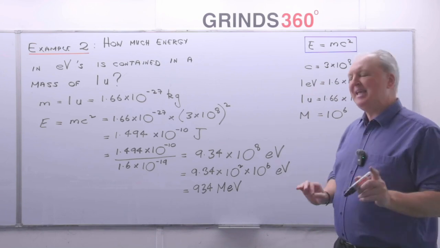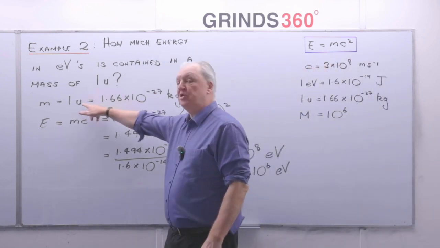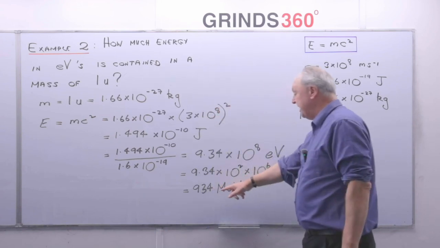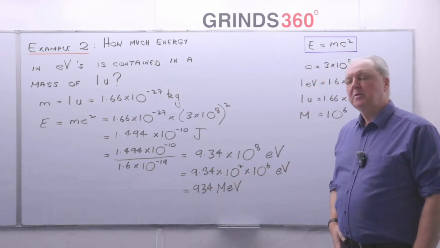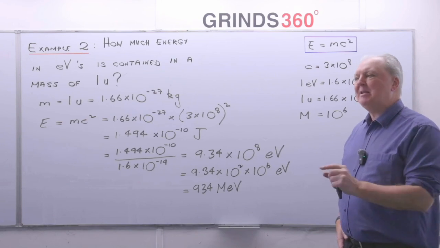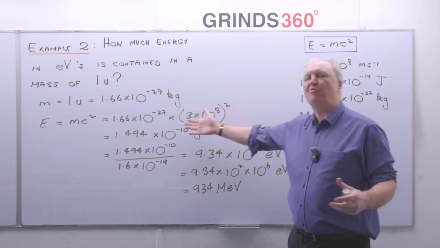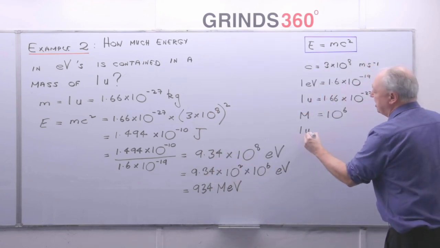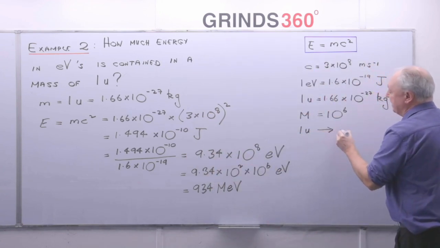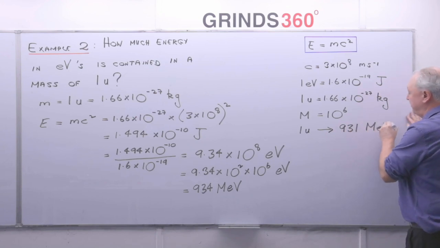So what I'm saying is, if I vaporize 1 atomic mass unit, I get 934 mega electron volts. Well, actually, I want to be a little bit more accurate than that. If I used the full numbers instead of rounding them off, I would have found that when I vaporized 1 atomic mass unit, I got exactly 931 mega electron volts.